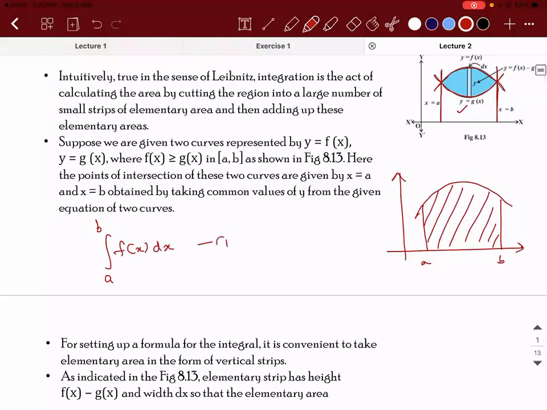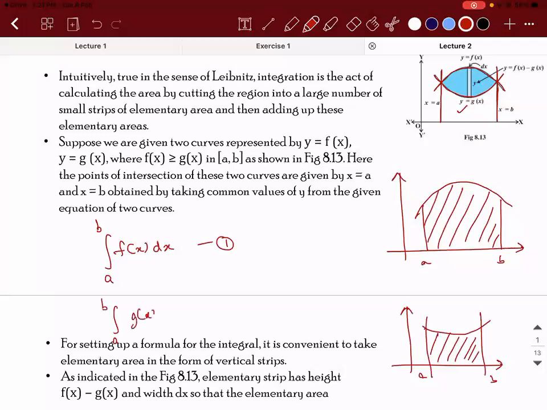Right. Let me call this as equation number 1. Had this been only g of x between the same 2 points a and b, then we would have calculated this area as integral of a to b g of x dx. So g of x area with respect to x-axis is this thing. But what are we interested in? We are interested only in this area.